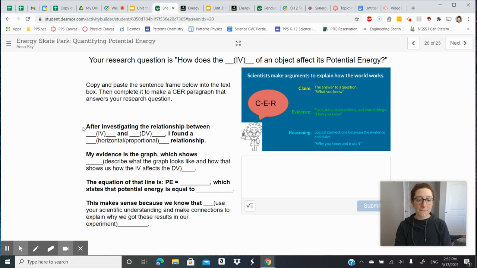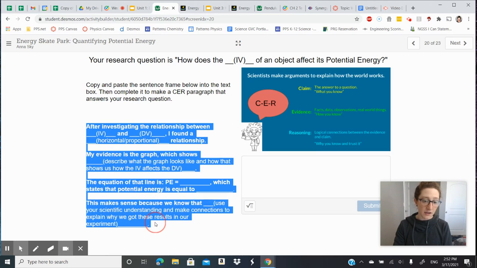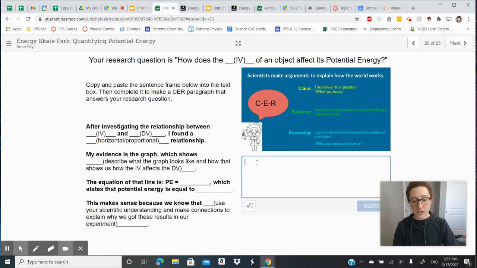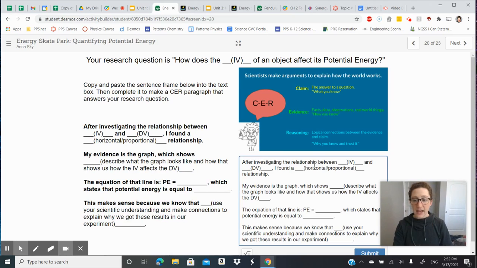This is a big, hefty sentence frame that I would like for you to use. It's going to give you a really strong scientific argument. What I want you to do is to take this and copy all of this text, Control C, and paste it, Control V, into here. And then everywhere where you see these lines, you're going to be putting in the information that you see here.